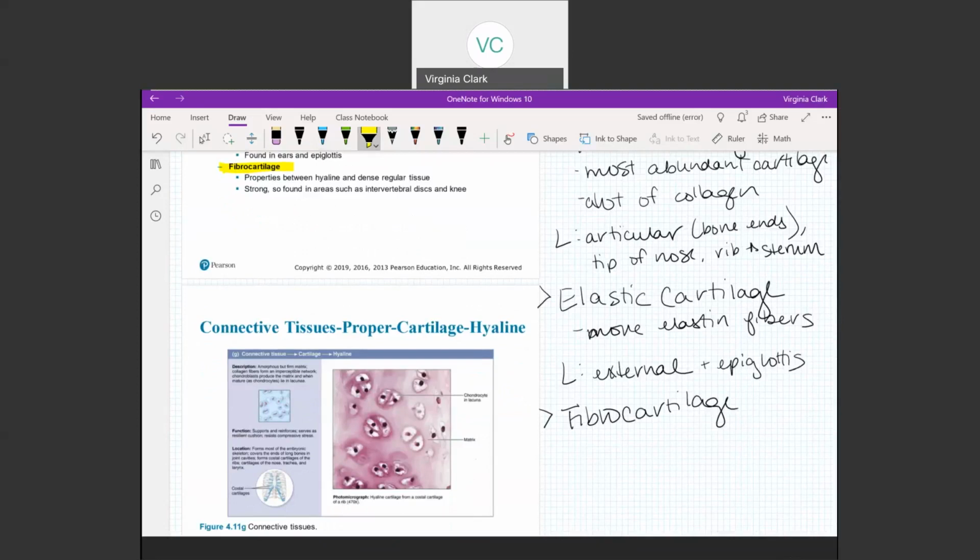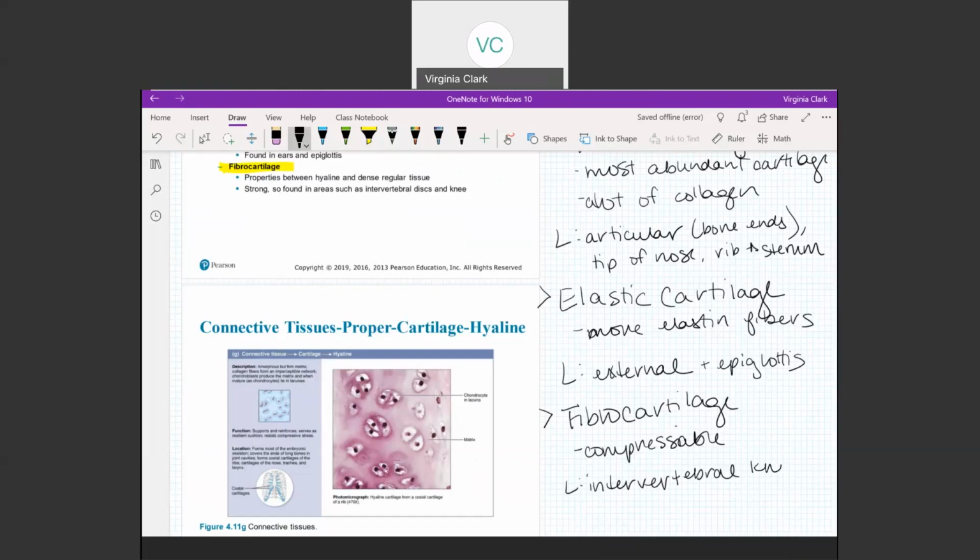What's important is that it is compressible, which means you have the ability to push down on it and have it withstand tension in heavy pressure areas. You will find this in between the vertebrae, your intervertebral discs.